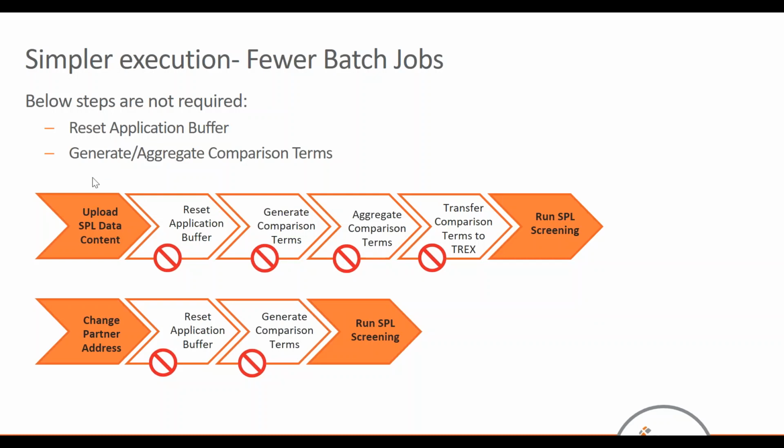You only need to upload the content, the delta files from your data provider, and then run the respective screening scenario, either C1, C2, or whichever you usually run. That's it, and you don't need to set up any batch jobs for these intermediate steps.